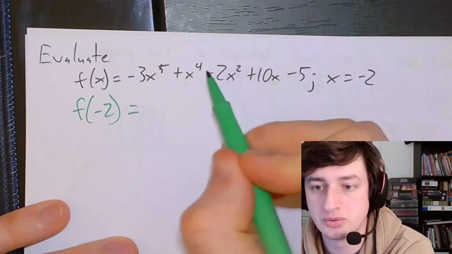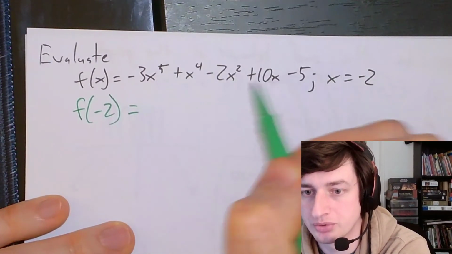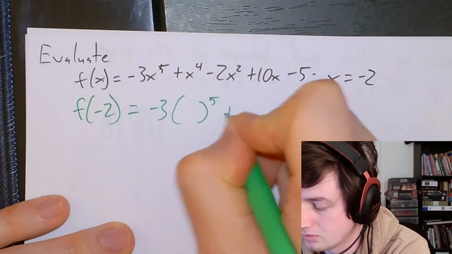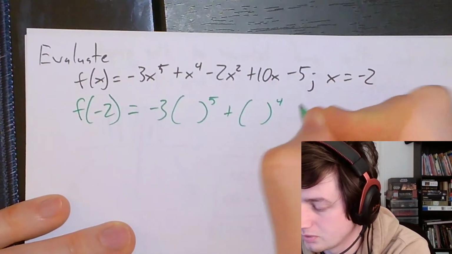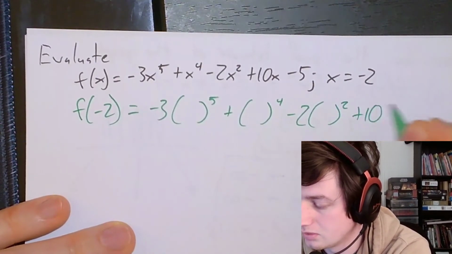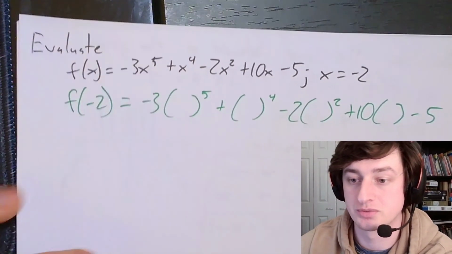I'm going to go through all of where all the x's are, and we're putting a negative 2 there. Negative 3 parentheses to the 5th plus parentheses to the 4th minus 2 times parentheses squared plus 10 times parentheses minus 5. There are a lot of terms.